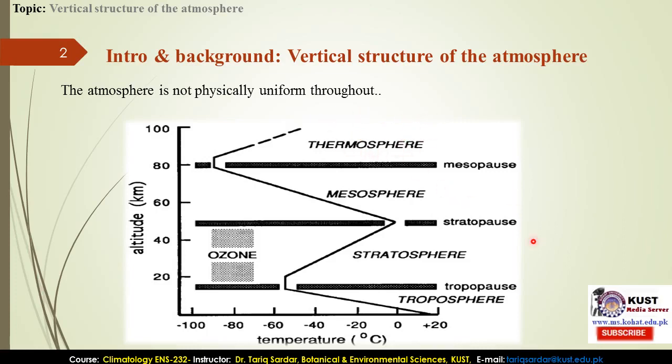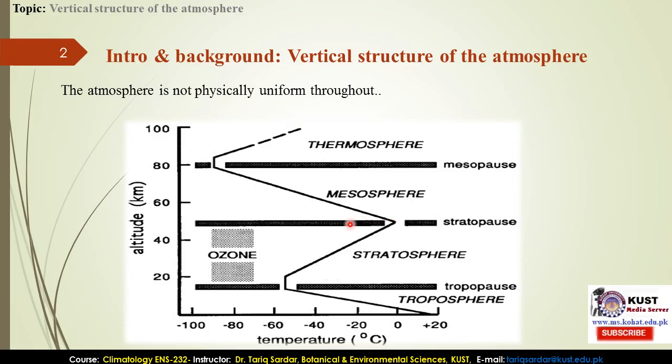But the point of concern for climatologists and many environmentalists remains the troposphere and stratosphere, because many phenomena and processes occur in that part, above the earth's surface. We will discuss them in detail in the coming lectures.